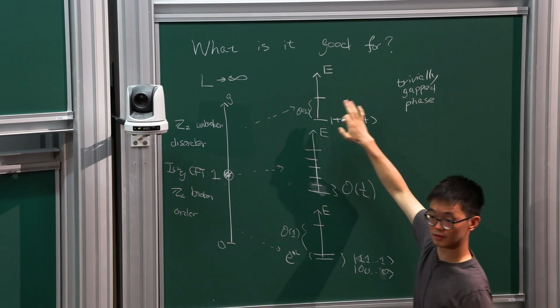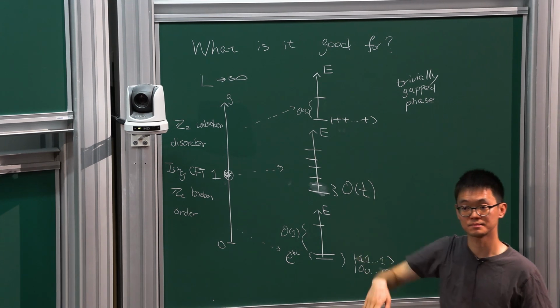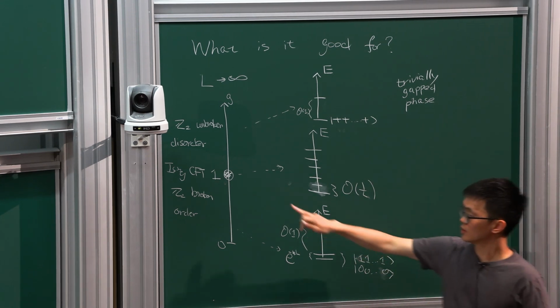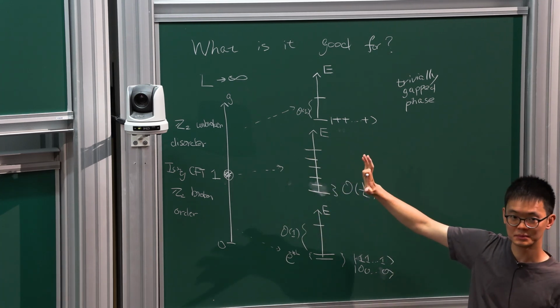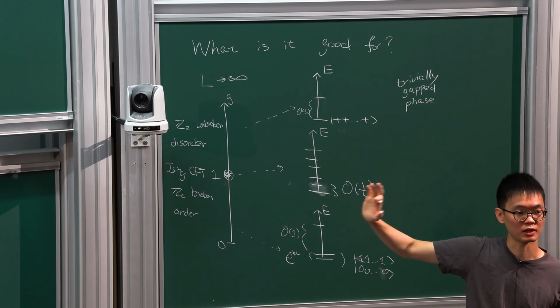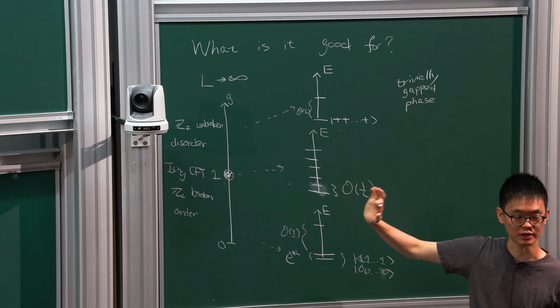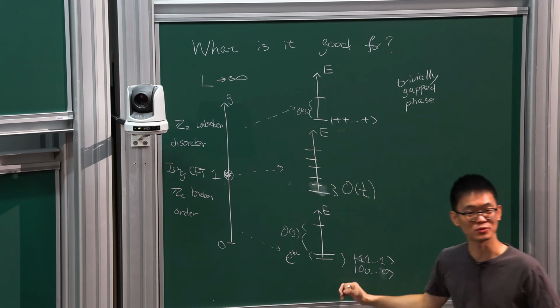It's gapped, and saying that it's trivial in 1 plus 1D just means that it has a unique ground state. But at this point, there's something non-trivial. So maybe it's suggestive that the non-invertible symmetry implies the thermodynamic limit of the model is non-trivial. But here you only have one data point, so maybe it's not too convincing.